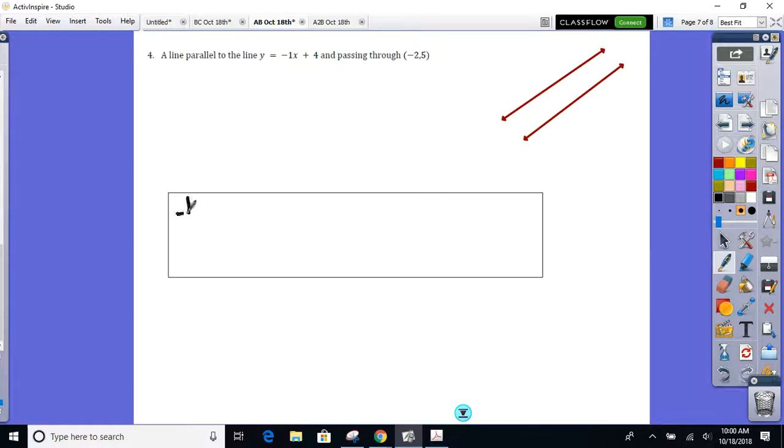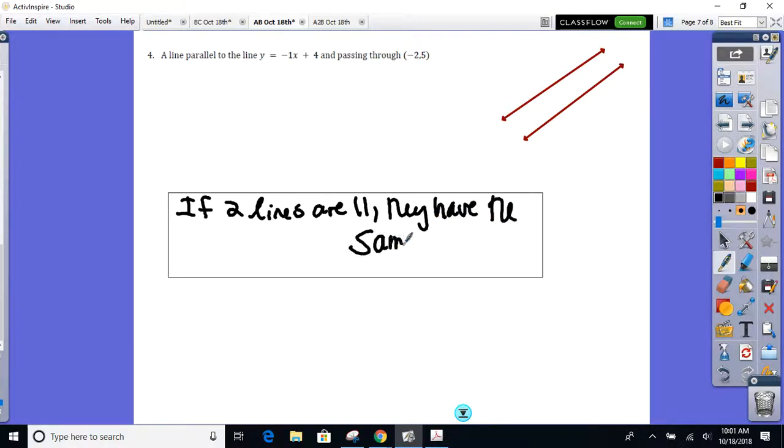So if two lines are parallel, they have the same slope. So in this problem in particular, I want a line parallel. Once I see parallel, I'm thinking, what about their slopes? Same slopes.